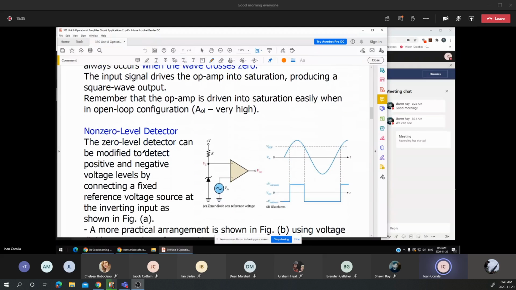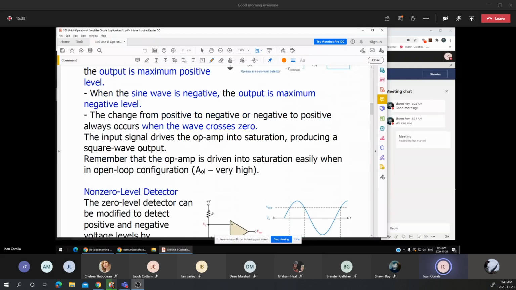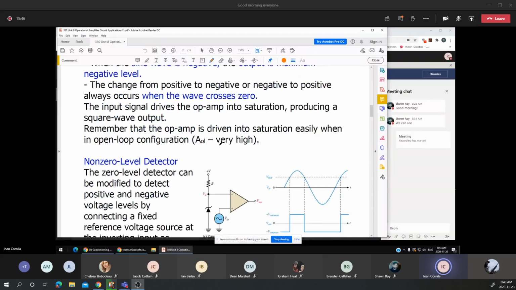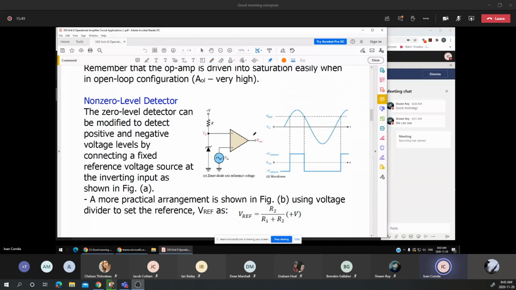Now, suppose that I'm looking to have the same circuit, but I'm not looking to have the zero level detector. Suppose that I want to change the state of the output when the voltage is greater than 4 volts or 5 volts or 10 volts. What can we use? One of the applications that uses a Zener diode is connecting the Zener diode through a resistor to the positive of the voltage source.